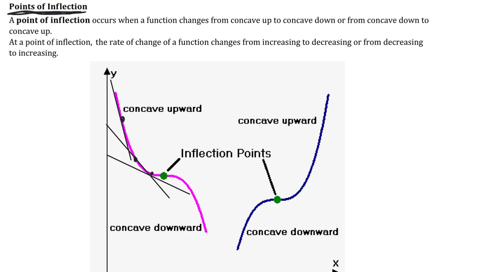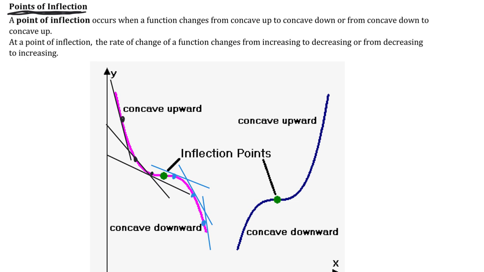It's getting bigger. But then all of a sudden, if you look at the blue lines, the blue slopes, you'll see that they start out kind of flattish and then they start getting steeper in the negative. So now they're actually decreasing. So I went from an increasing slope to a decreasing slope, and that is a point of inflection.